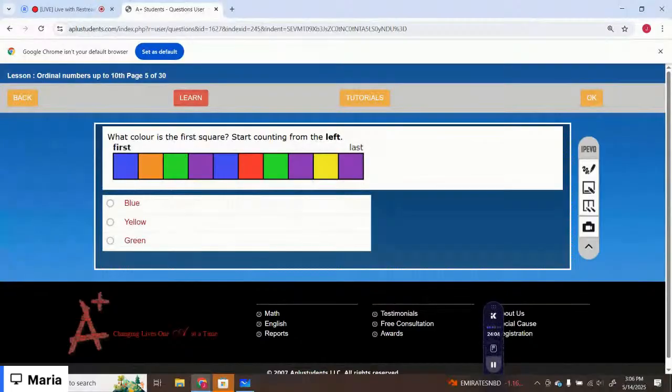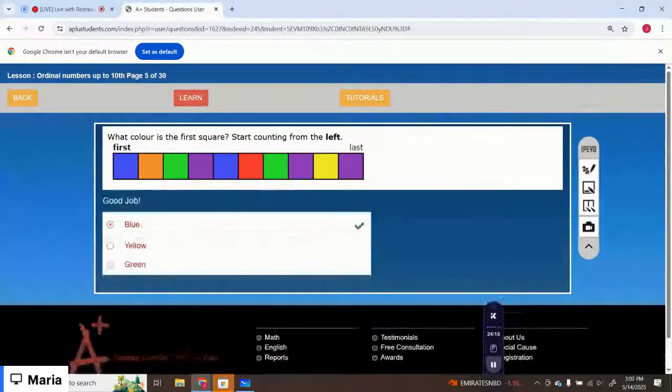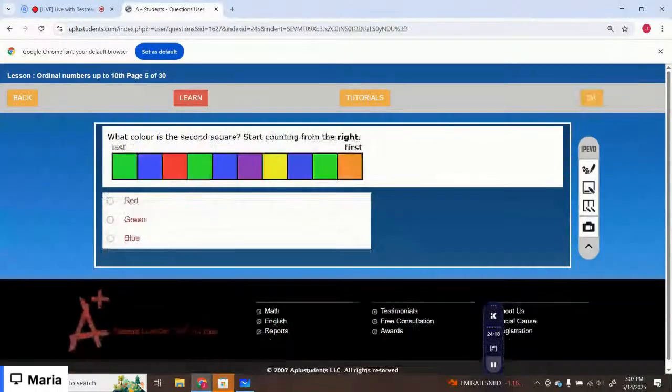What color is the first square? The first one is blue. Option number one is the correct option. What color is the second square? The second one is green.